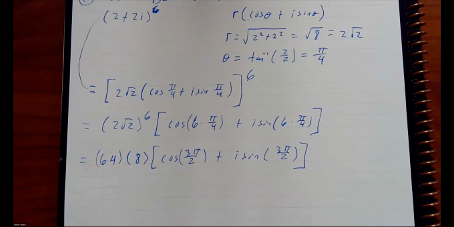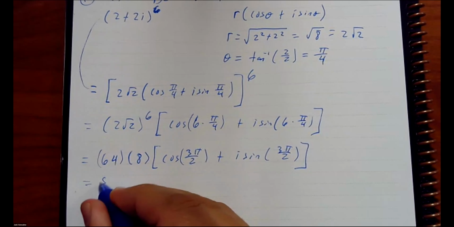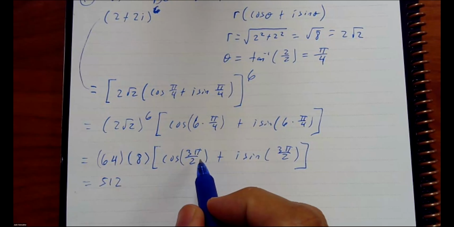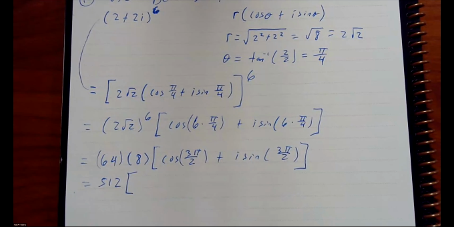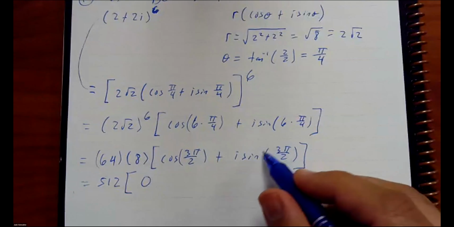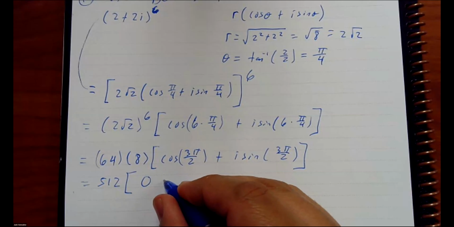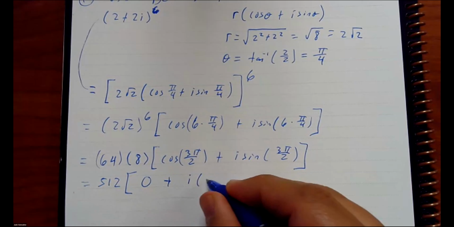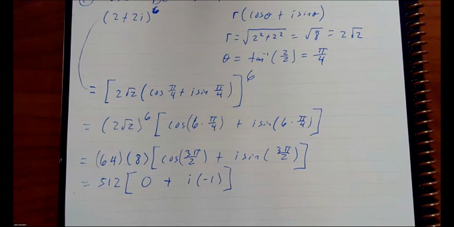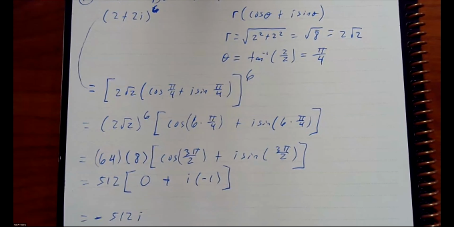I don't know what 8 times 64 is. It looks like calculator says 512. What is cosine of 3 pi over 2? I got 0. Yeah, it's gonna be 0. And this will be -1. So our result will be -512i.